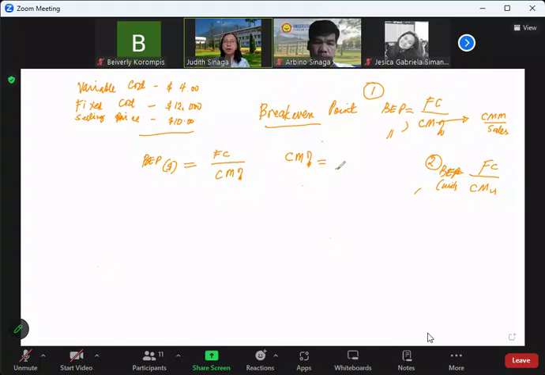You have 10 as the selling price, and then you have variable cost per unit of 4. So you have a contribution margin of 6. So what's the percentage? 6 over 10. The percentage now is $6 over $10, which is equal to 60%.